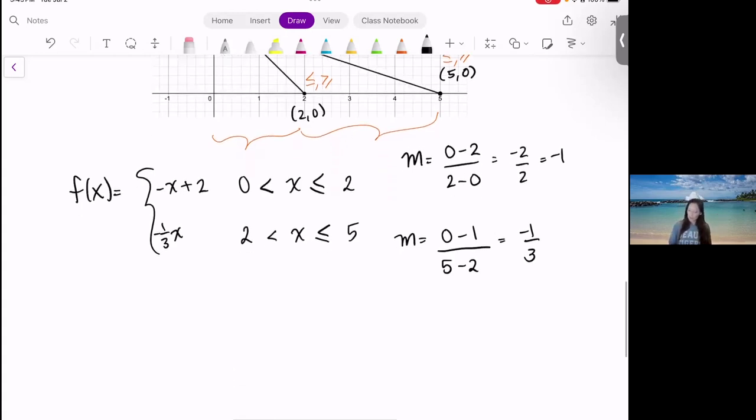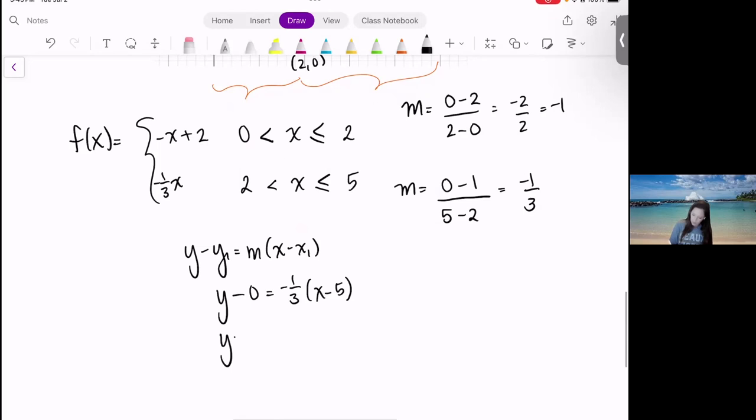I'm going to use point slope form, which is y minus y1 equals m times x minus x1. Let's take the point 5, 0. y minus 0 equals -1/3 as the slope, x minus 5 is the point that goes with that slope.